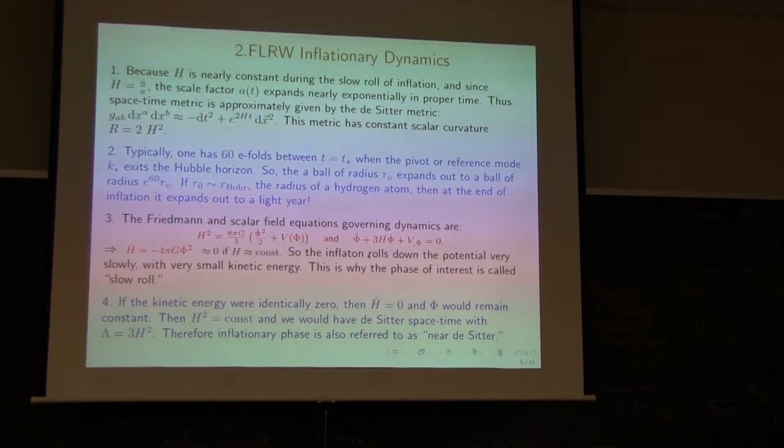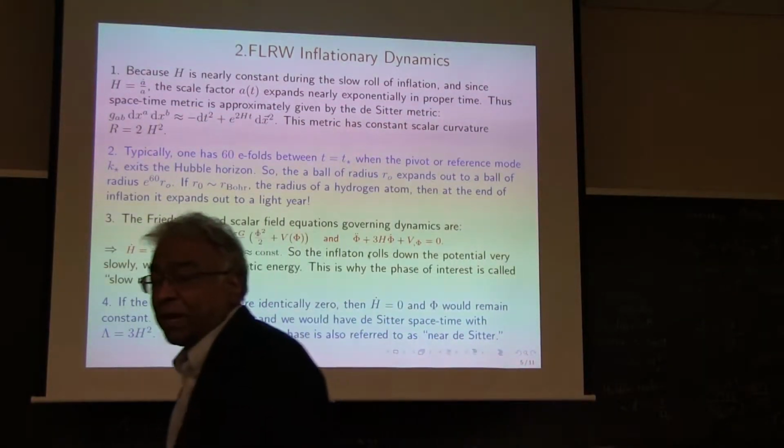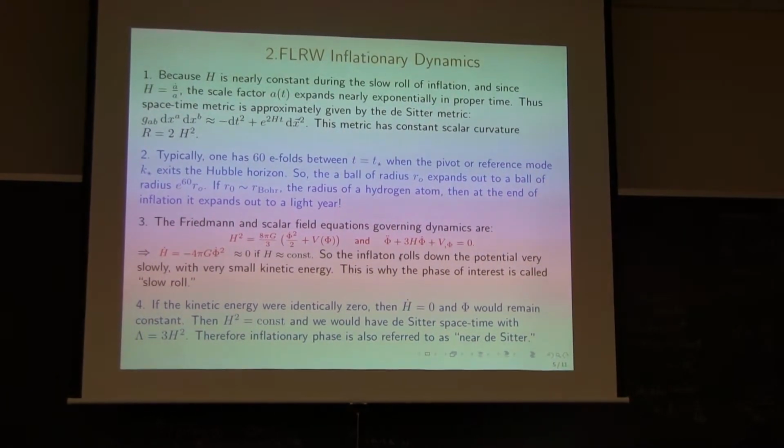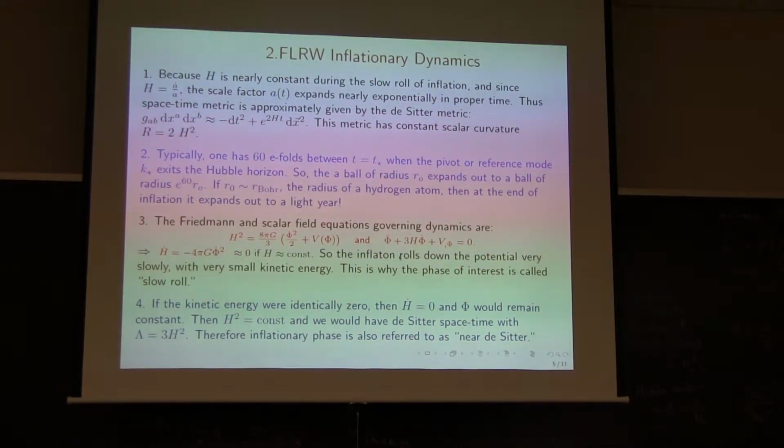Now, the inflationary dynamics. So I'm talking about the background. We already discussed it once, so I'll be a little bit quicker here. Because the Hubble parameter is nearly constant during this slow roll inflation, the scale factor expands exponentially, as I explained over here. And thus the spacetime metric is approximately given by minus dt squared plus e to the 2 H naught t times dx squared.